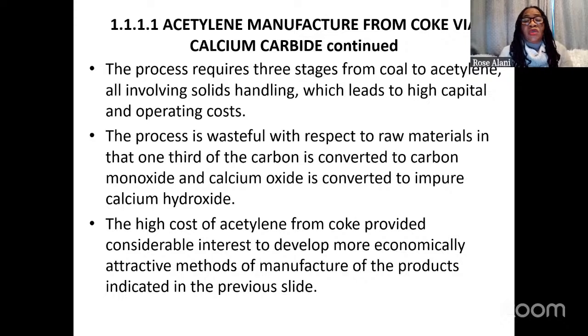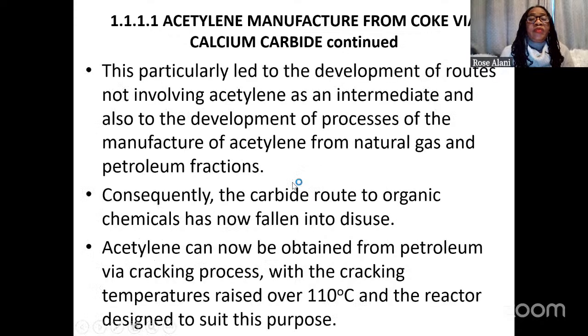The calcium oxide is converted to impure calcium hydroxide. The high cost of acetylene from coke provided considerable interest to develop more economically attractive methods of manufacture of the products that we saw in the previous slides.